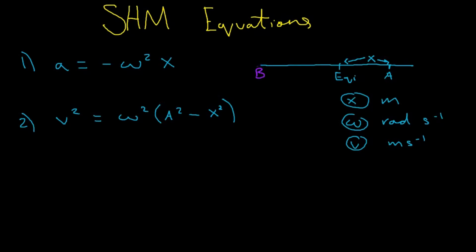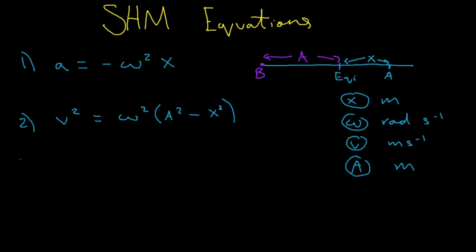That is the point of amplitude. So the distance from B, from equilibrium, would be A, which is amplitude. Amplitude is also measured in meters, because amplitude is the distance from equilibrium to B.